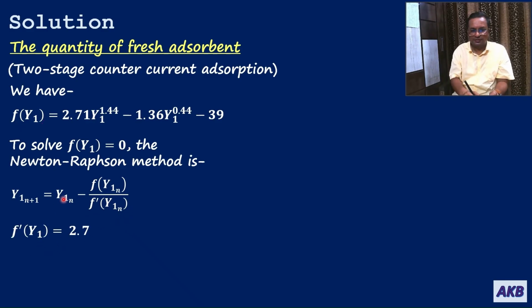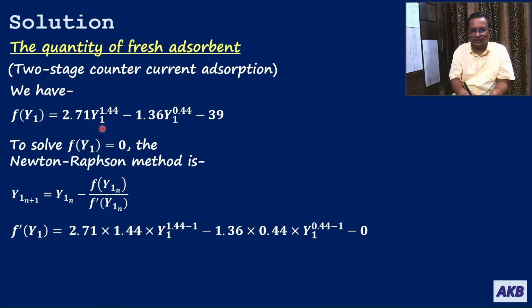So we need the derivative of the function. So f dash of y1 is equal to 2.71 times the derivative of this function, which is 1.44 into y1 raised to 1.44 minus 1, minus 1.36 times the derivative of this function, which is 0.44 into y1 raised to 0.44 minus 1, and the derivative of the constant is 0.